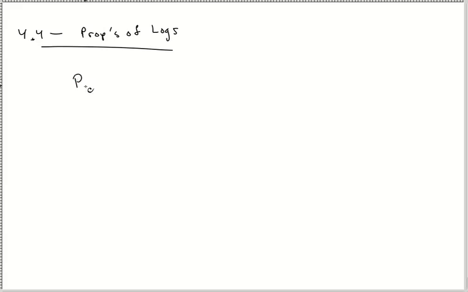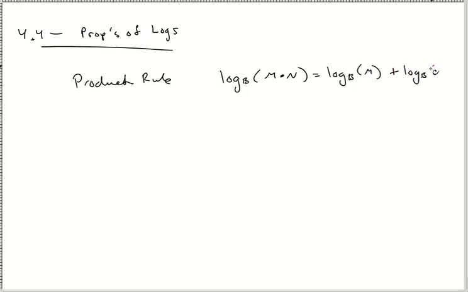So we've got the product rule, which is kind of long here. Log base b of m times n is equal to log base b of m plus log base b of n.